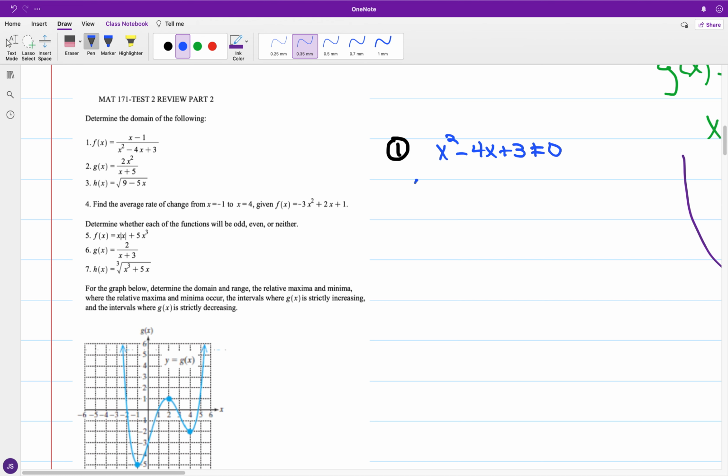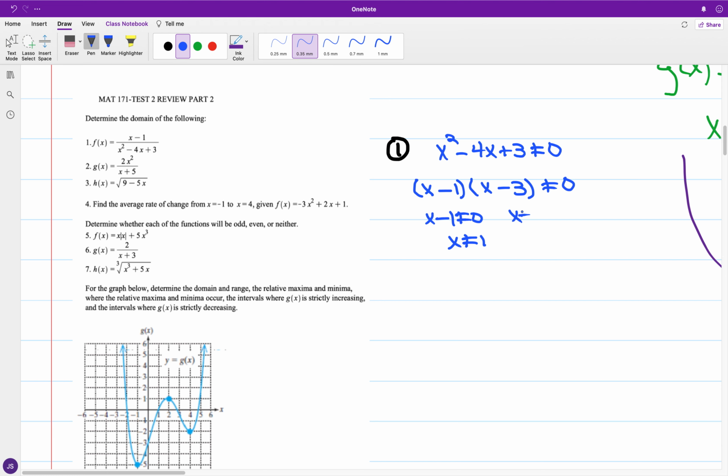Looking at factoring, for x squared minus 4x plus 3, we have the binomial factors x minus 1 and x minus 3, and neither factor can be 0 in value. So x minus 1 cannot be 0, from which x cannot be equal to 1.